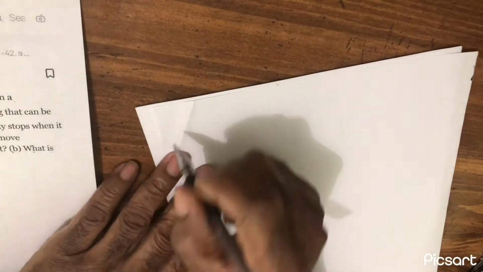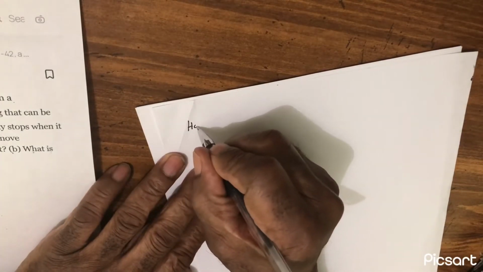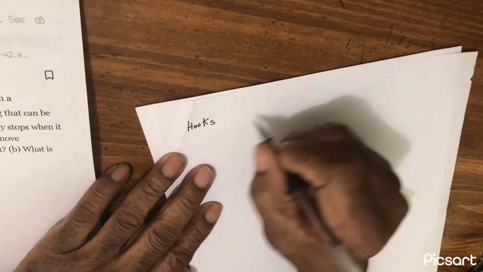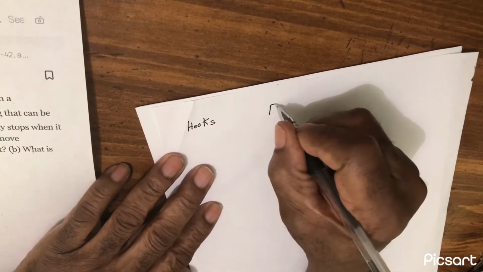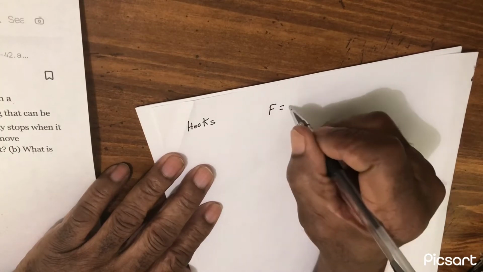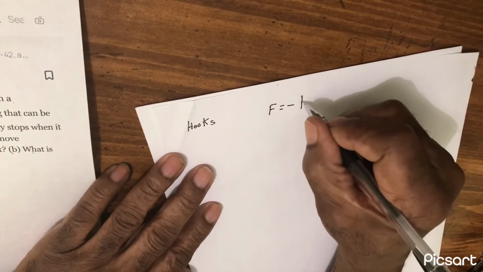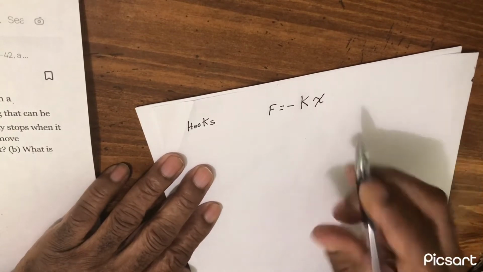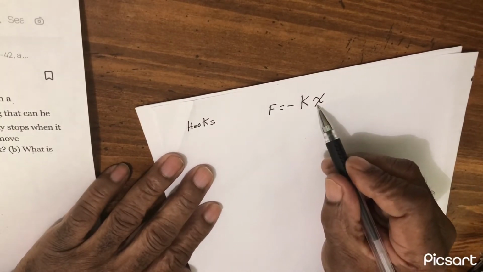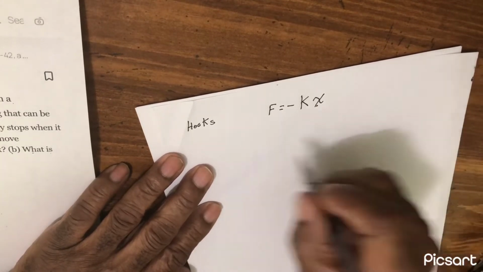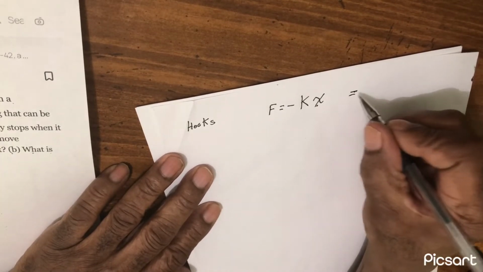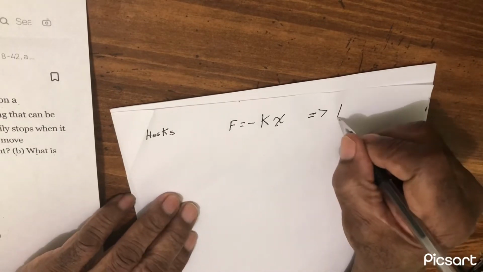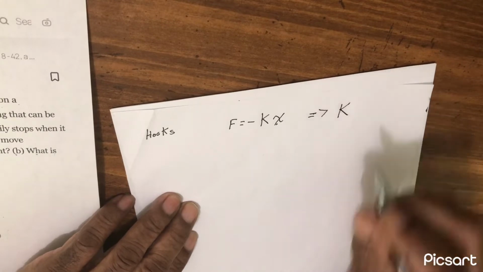And Hooke's law is force is equal to minus the spring constant times the distance that the spring is compressed. So that would go to k, and we're not going to use the negative sign.